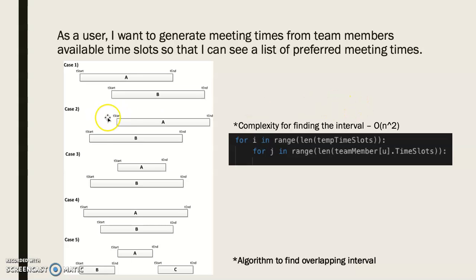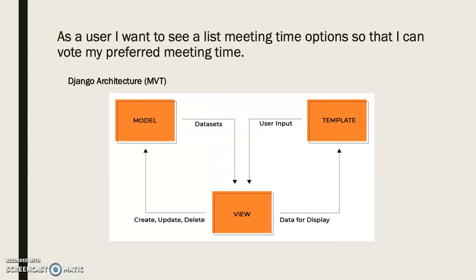Next, as a user, I want to see a list of meeting time options so that I can vote for my preferred meeting time. We use the Django architecture, which is different from MVC architecture. This is MTV. The difference is the template instead of the controller. So there's a model, view, and template.